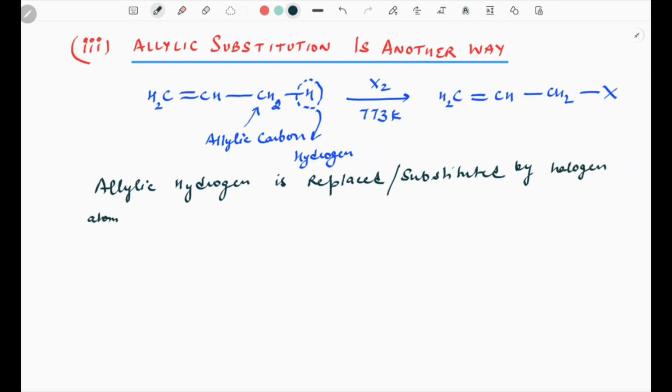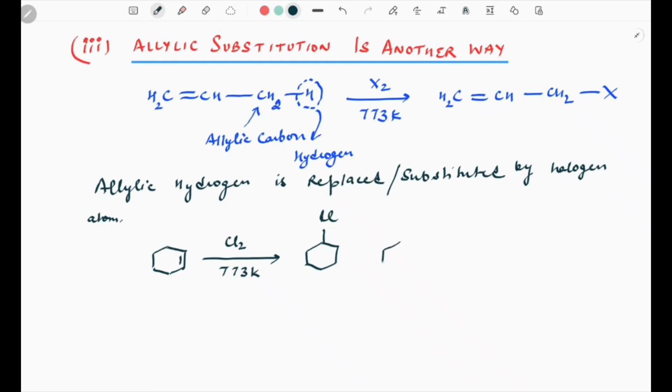So once again, you can take several examples of this. For example, in this case, you can treat it with chlorine and heat it to 773 Kelvin, and due to allylic substitution you will get this product.